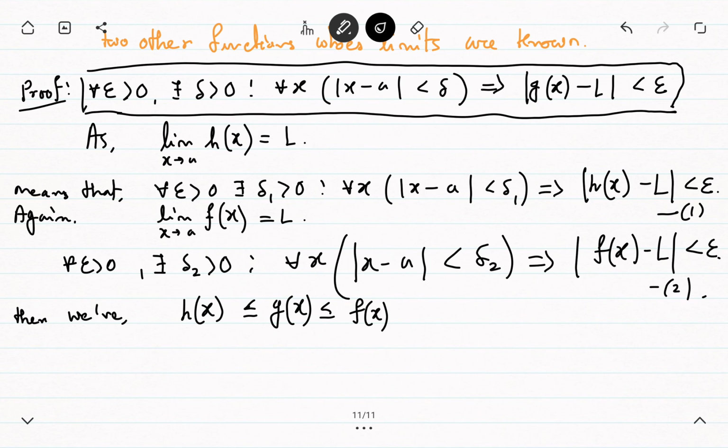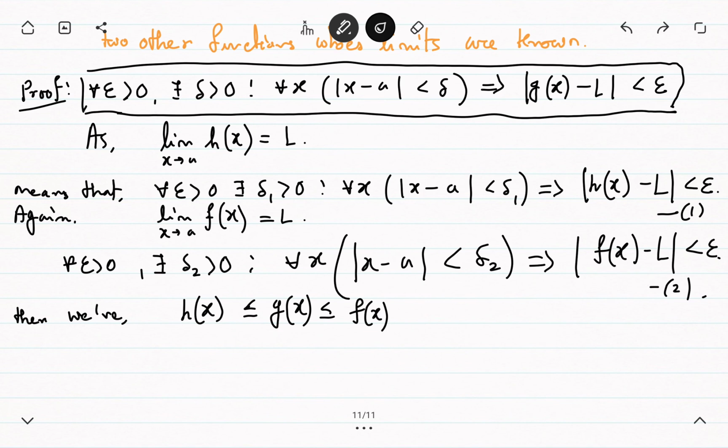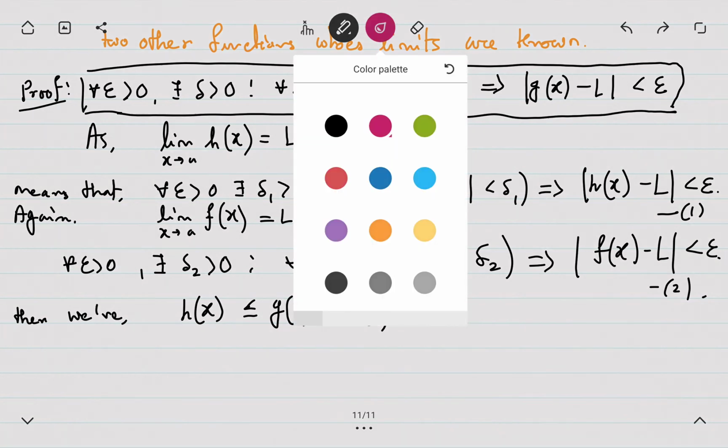So I am saying that if it satisfies these conditions, you know how to provide the argument like this.